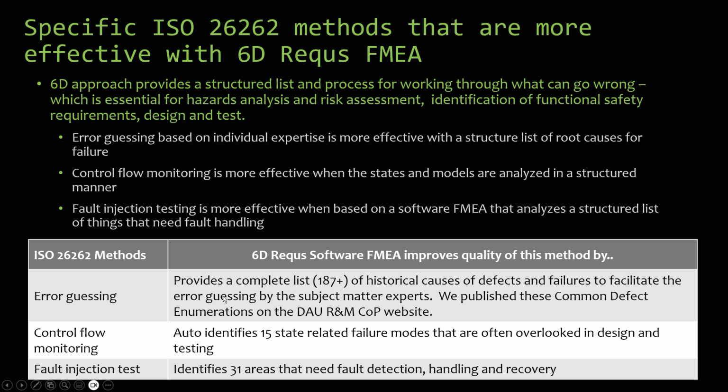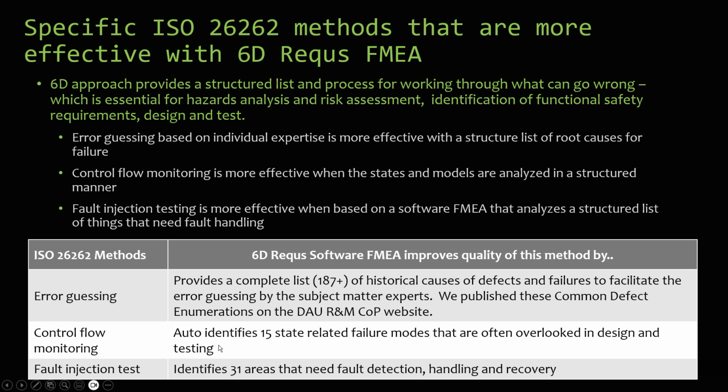So for error guessing, we have a complete list of 187 historical causes of defects that facilitate the error guessing. These are published on the Common Defect Enumerations on the DAU R&M Community Practice website.